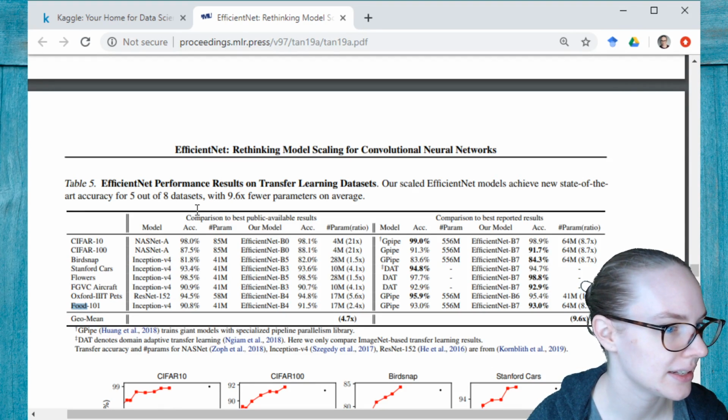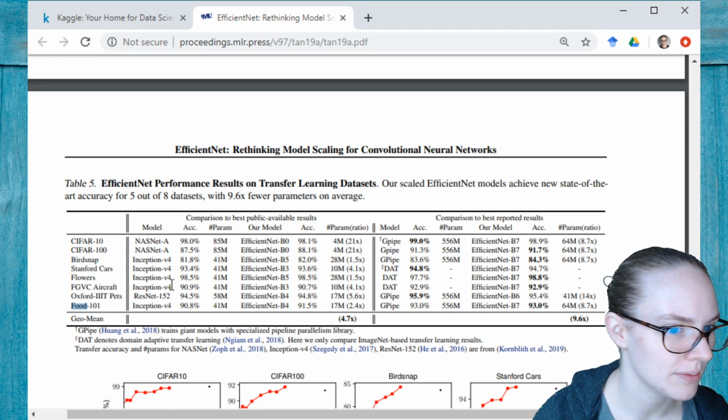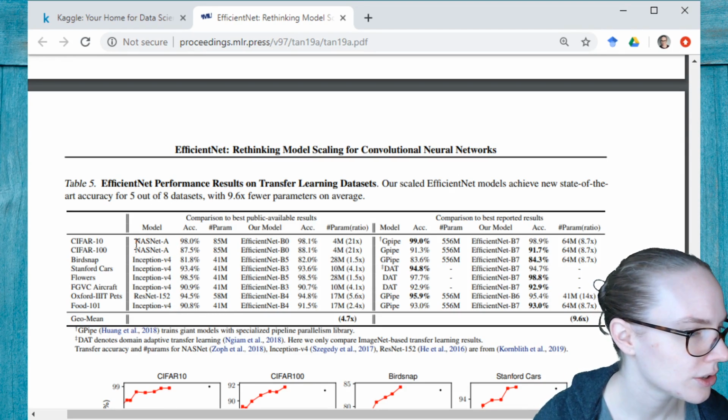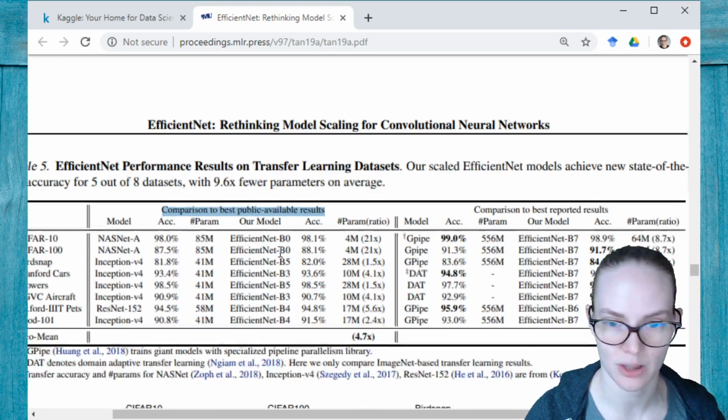So this is comparing different models. So, okay, so this is the best publicly available result at the time that the paper was published.